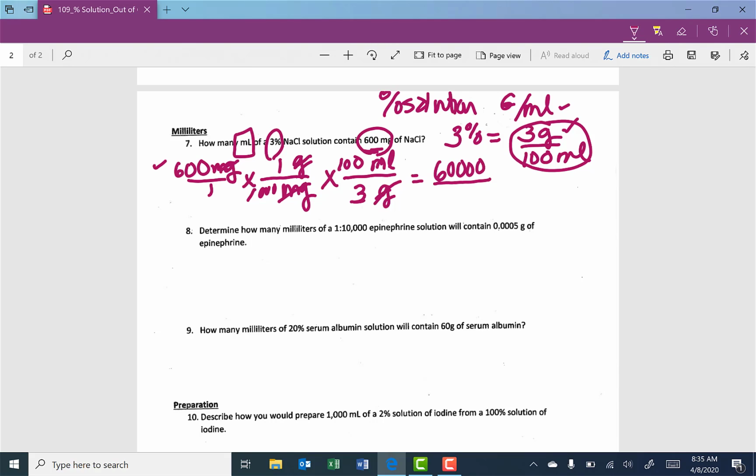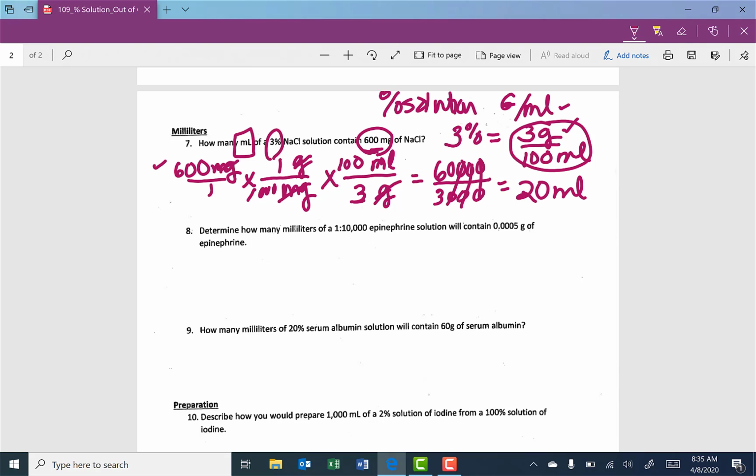And then we have 1 times 1,000 times 3, which is 3,000. Cross off your end zeros, and we end up with 3 into 60 goes 20. 20 what? That's right, milliliters.